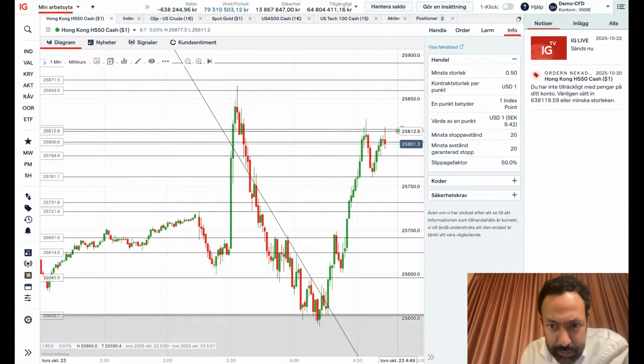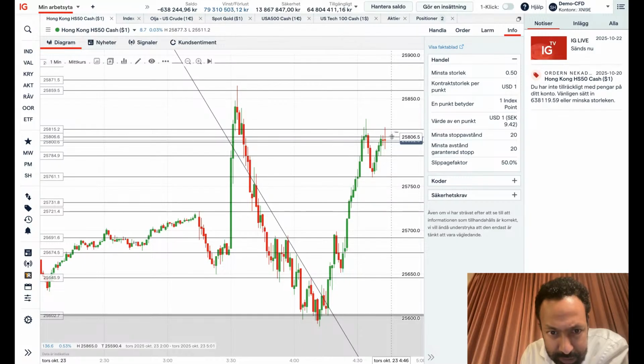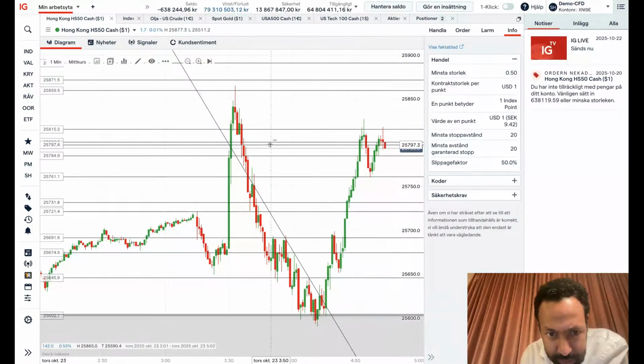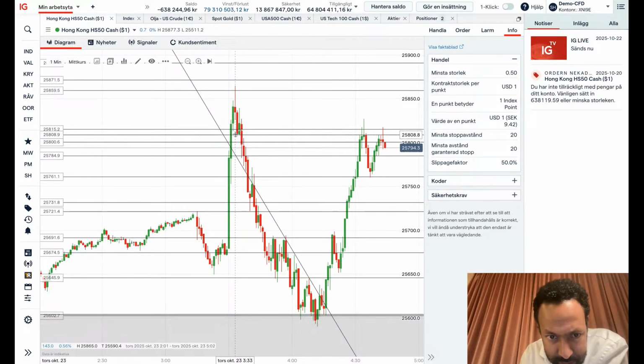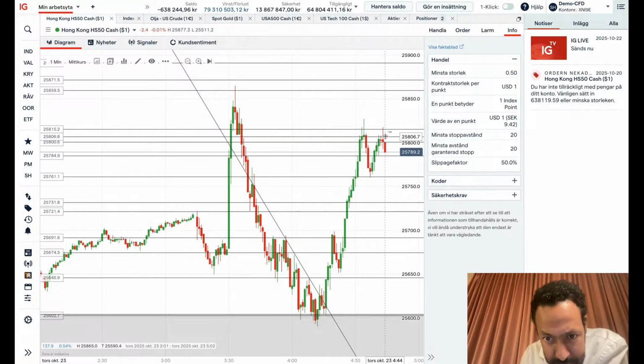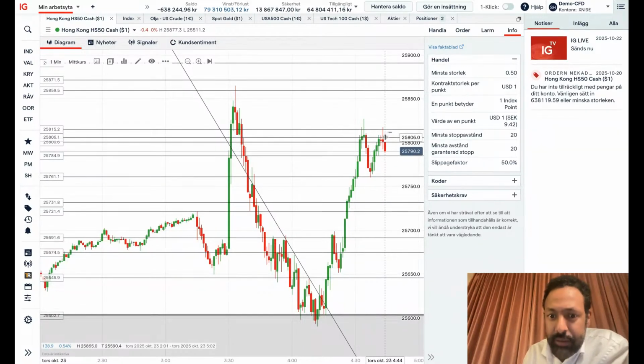Then I would put it here, because it's a break of the low of these candles, the highs of these candles, and I would give it this much room then to go higher.